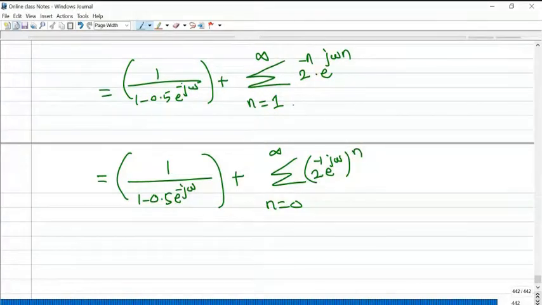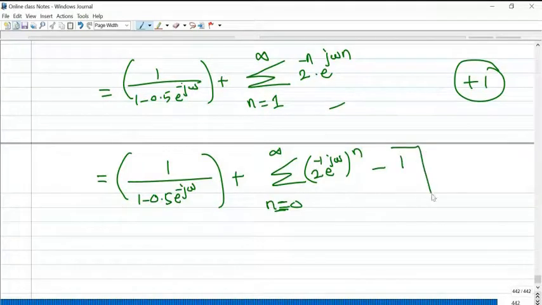If you substitute n equal to 0, 2 power 0, e power 0, anything power 0, that is 1. I'm adding plus 1 extra in the summation result. To compensate for that, I'm putting minus 1.